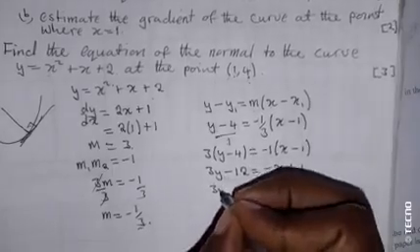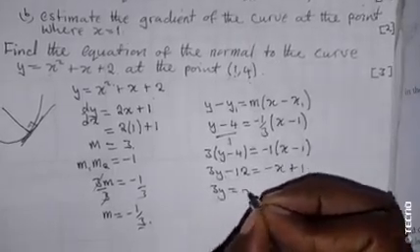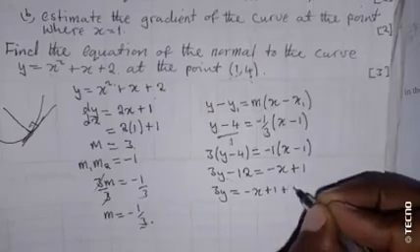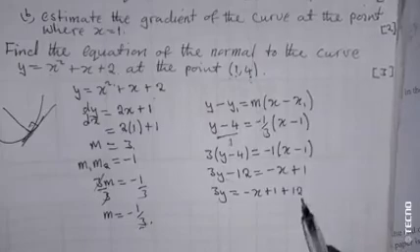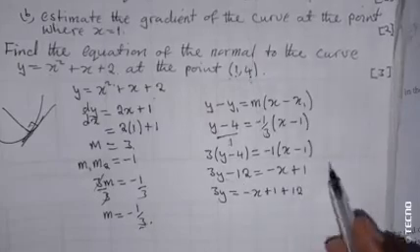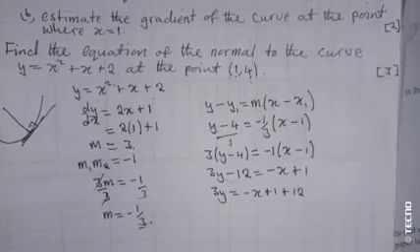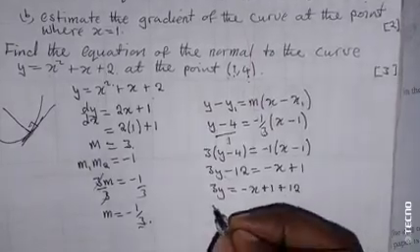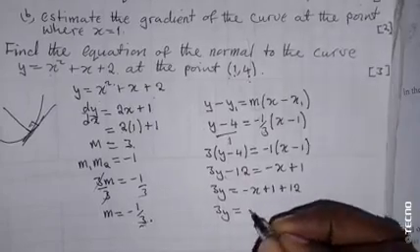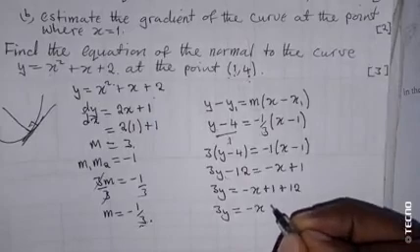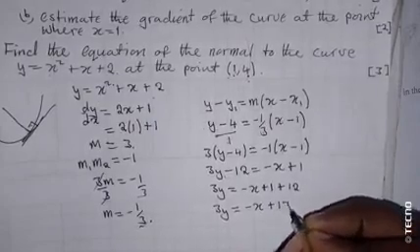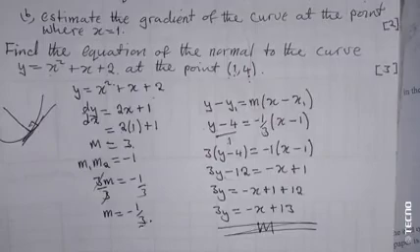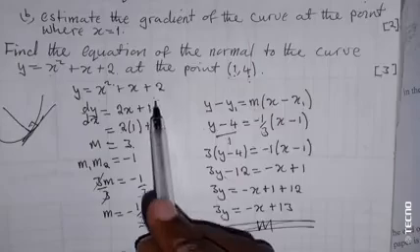So we'll say 3y is equal to -x plus 1 plus 12. Once it crosses the equal sign it becomes +12. So having this, we can work out 3y is equal to -x plus 13. So this is the equation of the normal to this curve.